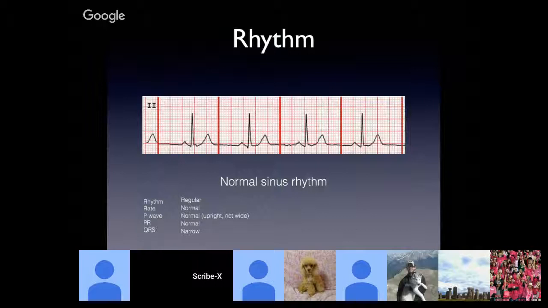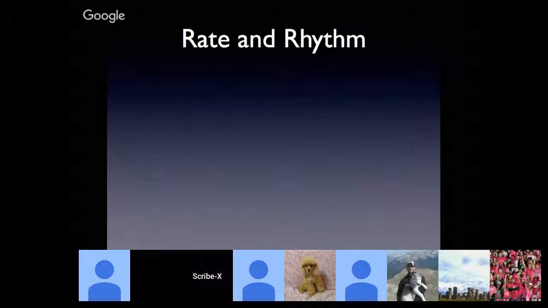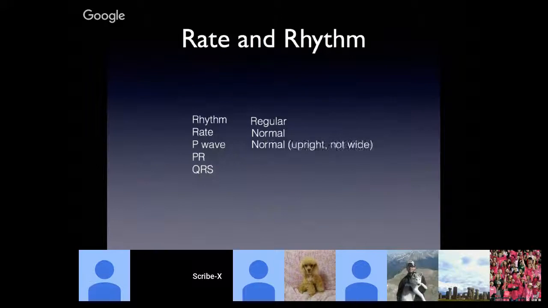And the QRS is nice and narrow as opposed to widened, and there's pathology that we can identify if the QRS is wide. So rate and rhythm: we want the rhythm to be regular, the rate to be normal, P waves to be upright and not particularly wide, the PR to be normal in duration, and the QRS to be narrow, nice tight QRSs. And that's a normal EKG.